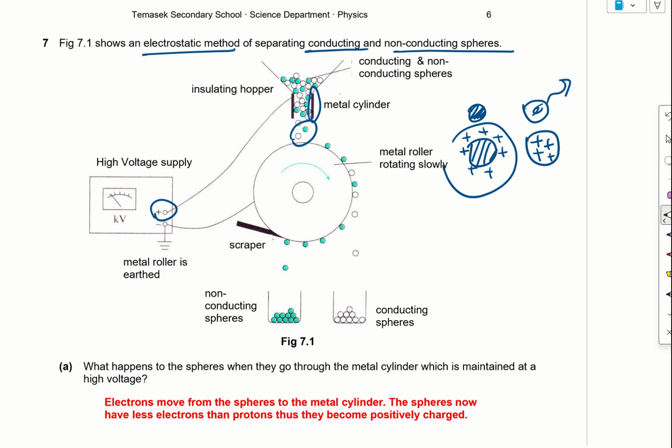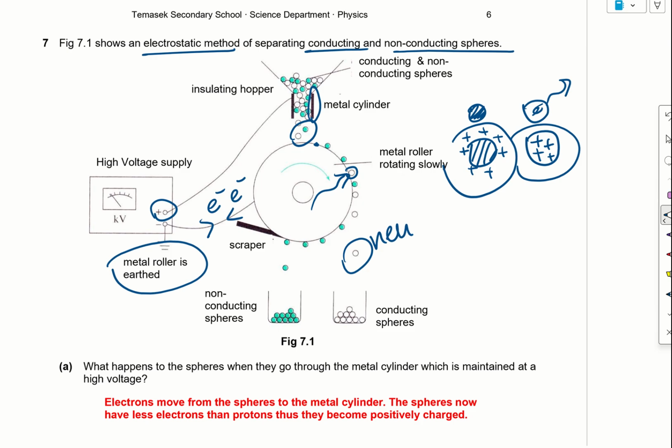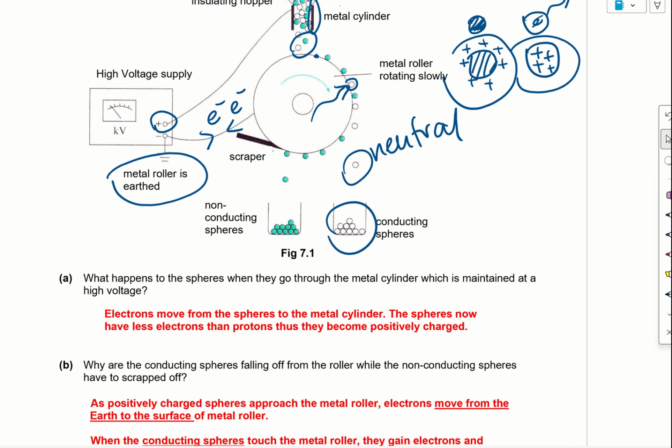Now they both fall and touch the metal roller, which is actually earth. If it's earth, it just means that electrons can go in or come out. So what happens to the conducting spheres? The conducting spheres, which are the ones in white color, upon touching, electrons will be transferred into them to neutralize the positively charged conducting spheres. Once it's neutral, it will fall because there's no longer a force of attraction.